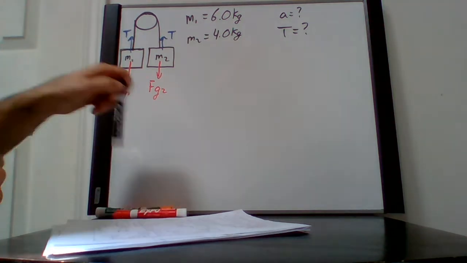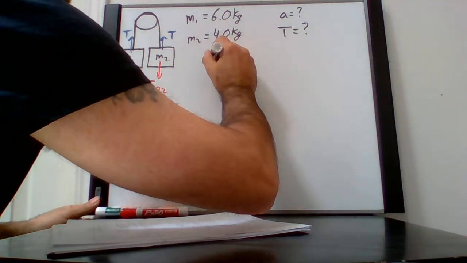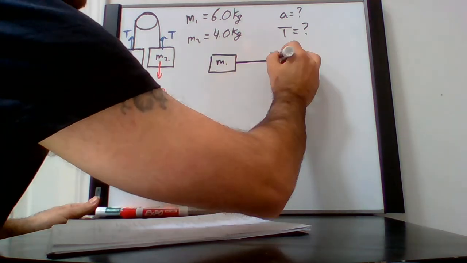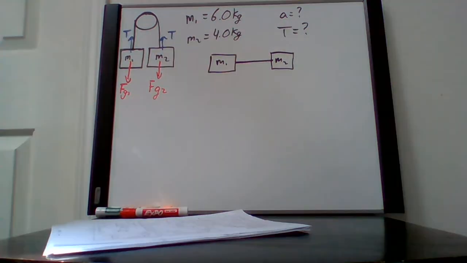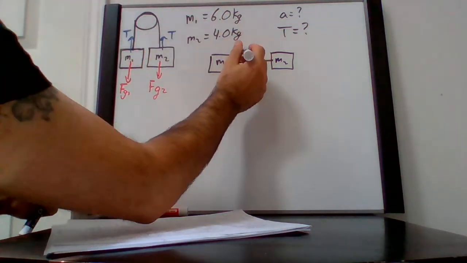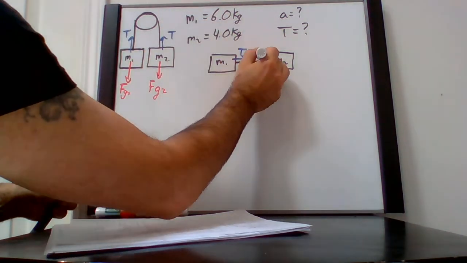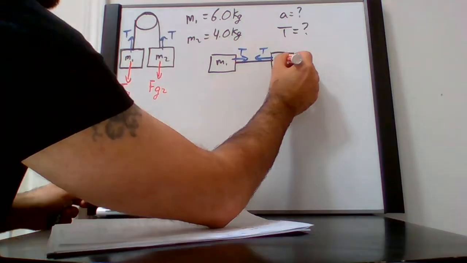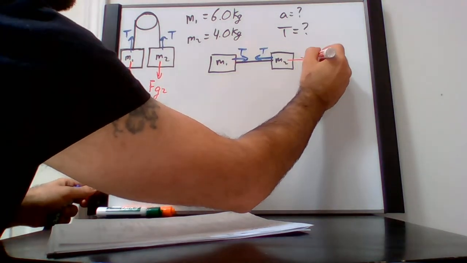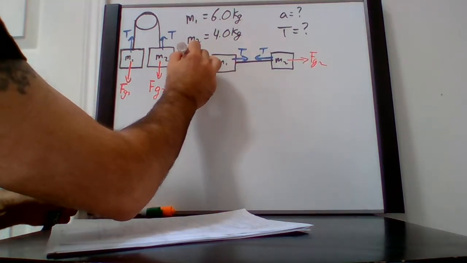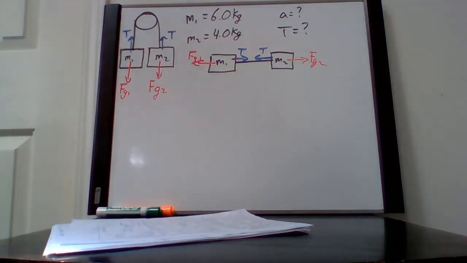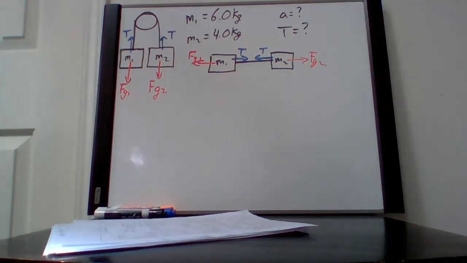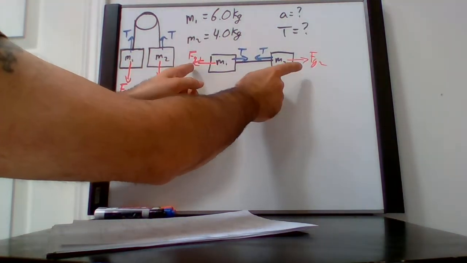Now I've also said we can draw this horizontally, like so, where we would have, once again, tension in those two directions. We would have Fg2 and Fg1.